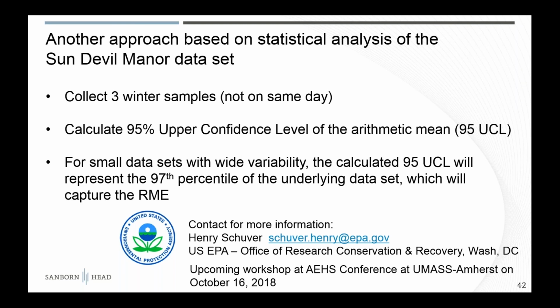So it's equivalent to looking at a reasonable maximum exposure. So maybe there's some promise here, but it remains to be seen. We have to see how this plays out, but there's some suggestion, at least statistically, that 3 independent wintertime samples, calculating the 95 UCL on that, could be a way to look at what your reasonable maximum worst case scenario could be.